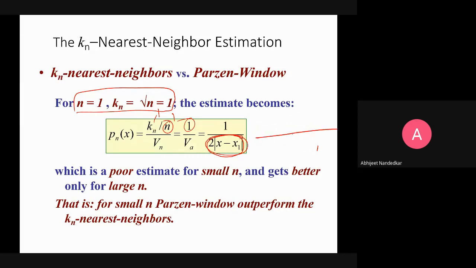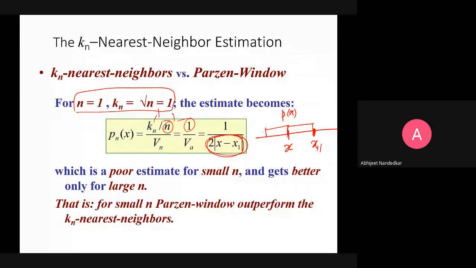I repeat, say this is the given sample around which I want to estimate density, and this is the training sample x1. To accommodate this point, I need to have this size window.